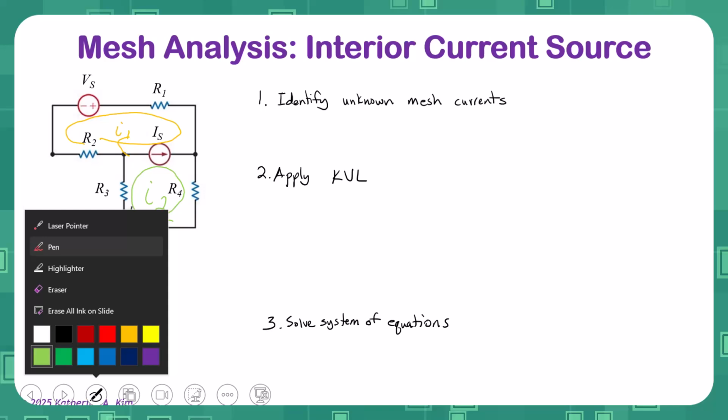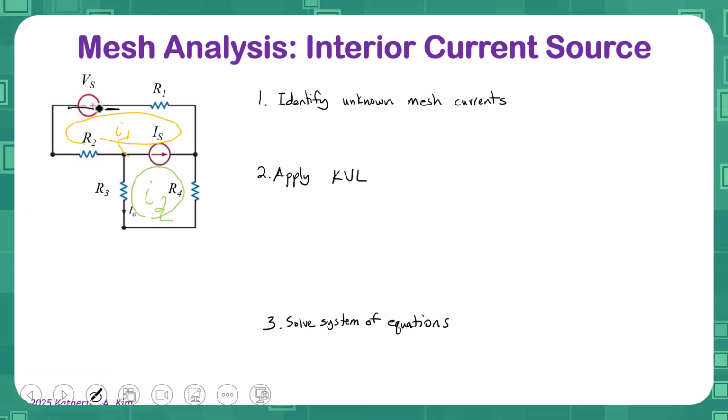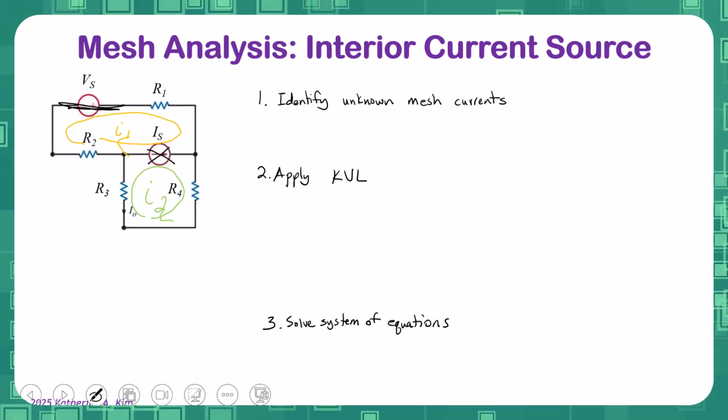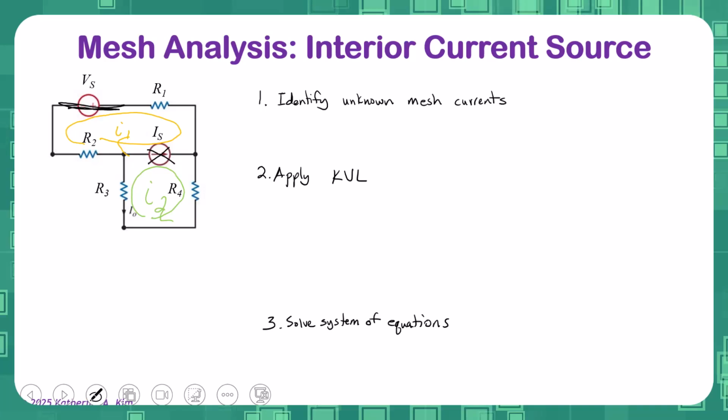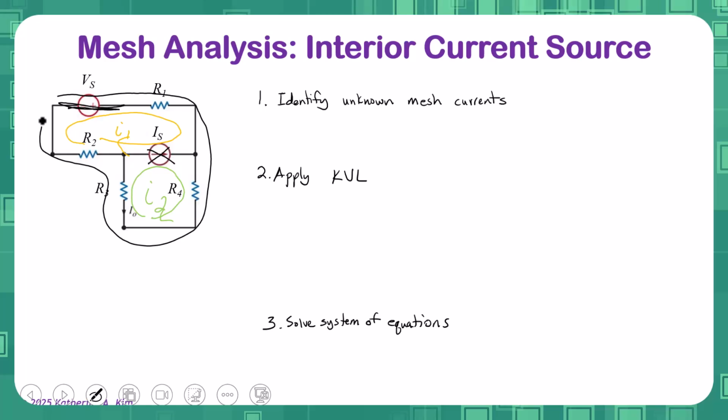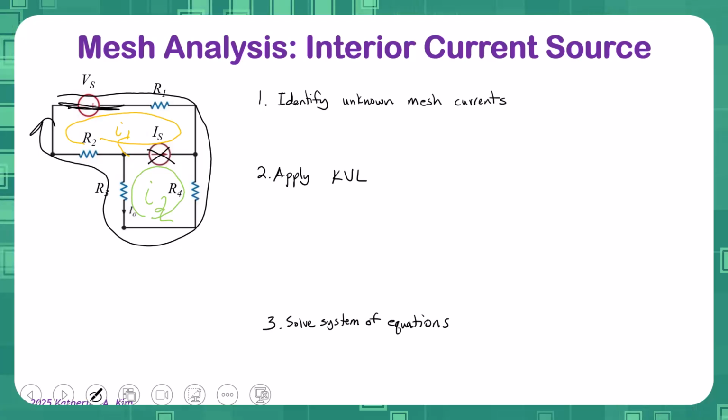If we suppress our sources, then we will short this voltage source here, and we will open the current source here, and the result is that there's only one big loop, and I'll draw it on the outside here. One loop here. So that means that there's not two. That means that there's actually only one unknown here.